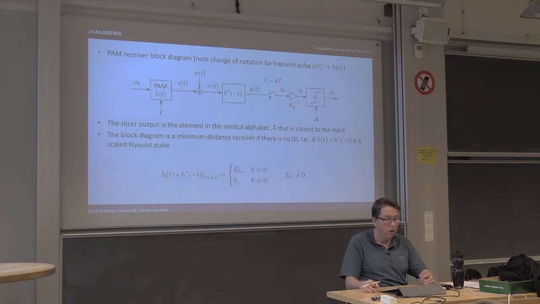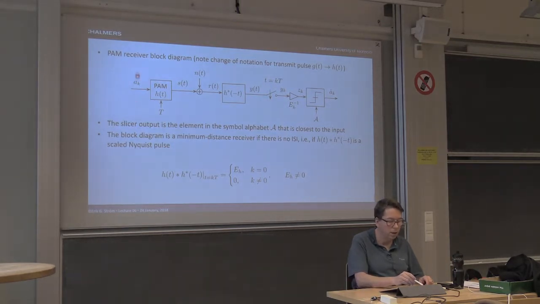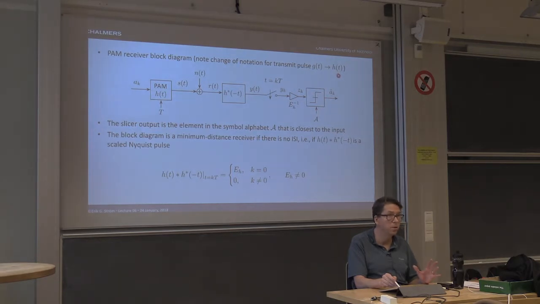Okay, we don't know that yet, but that would prove to be the case. Now, the last thing we did last week was to look at the complete receiver for pulse amplitude modulation. First of all, there is a change in notation. The transmitted pulse now is no longer G, but H. And I'm sorry for that, but that's just to be consistent with the book.